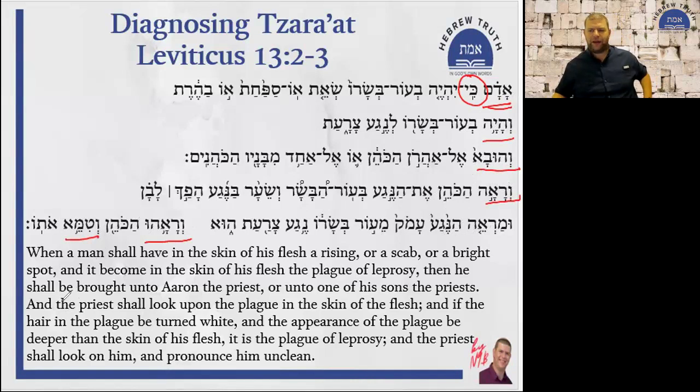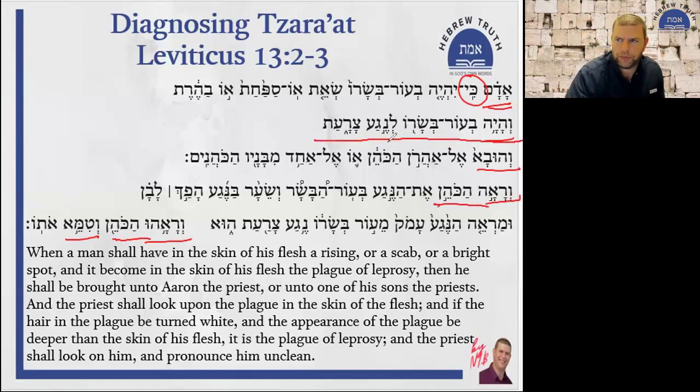using these verbal forms to describe the conditionals and the development of that conditional sentence, what to do in each of these cases. A lot has to do with the fact that the priest should observe: vera'ah ha-Kohen.